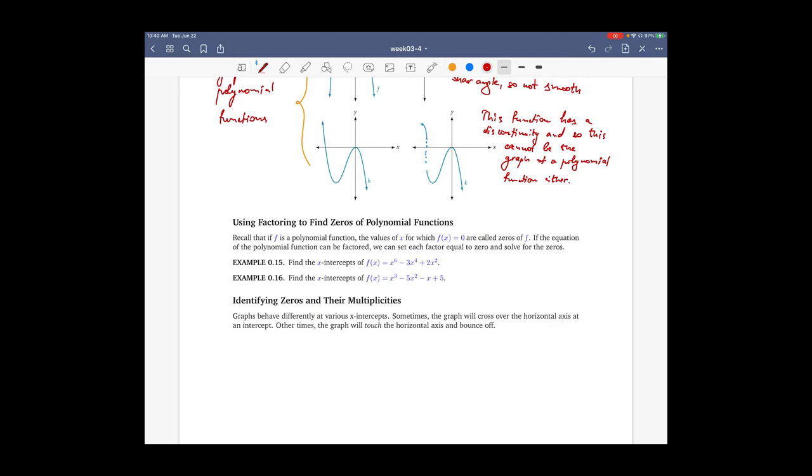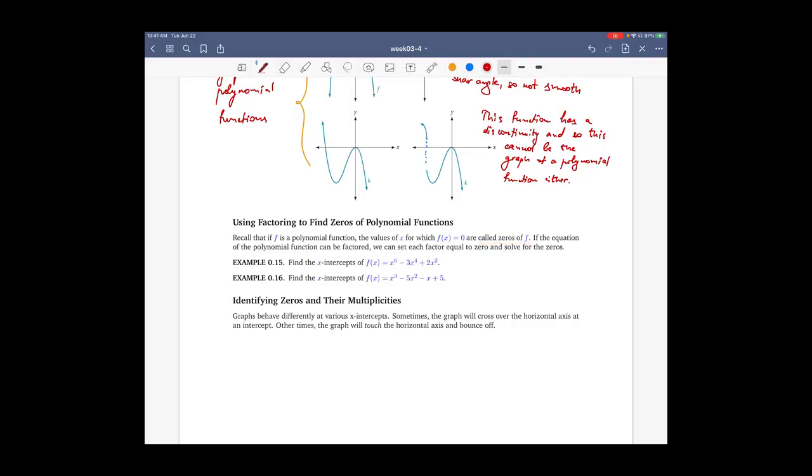In many problems, it's important to find roots of a polynomial function, which in general is a difficult problem, although occasionally, like in these two examples, it's possible to factor your polynomial and find the roots or zeros, as they're called.